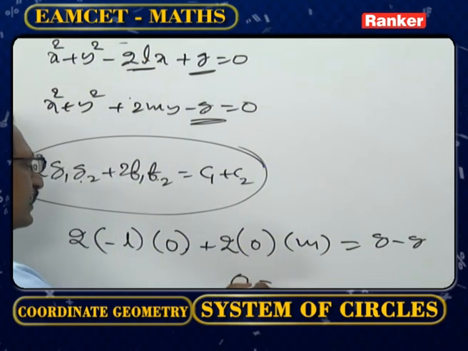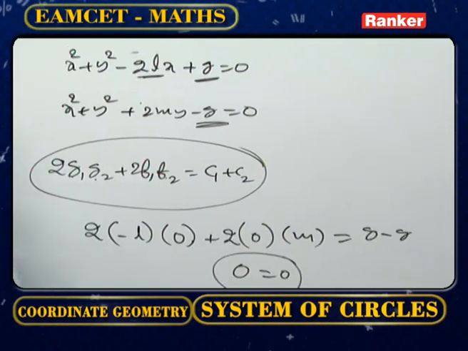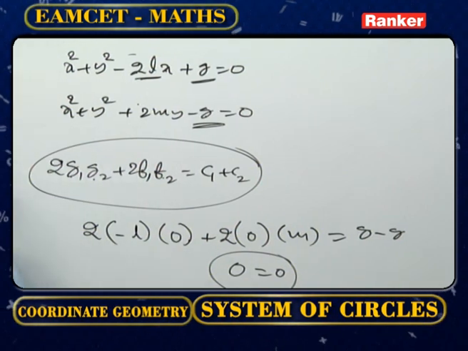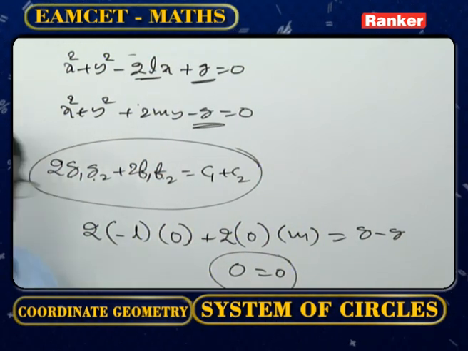Now both sides are 0 = 0, then the two circles are orthogonal to each other. Third option is correct.